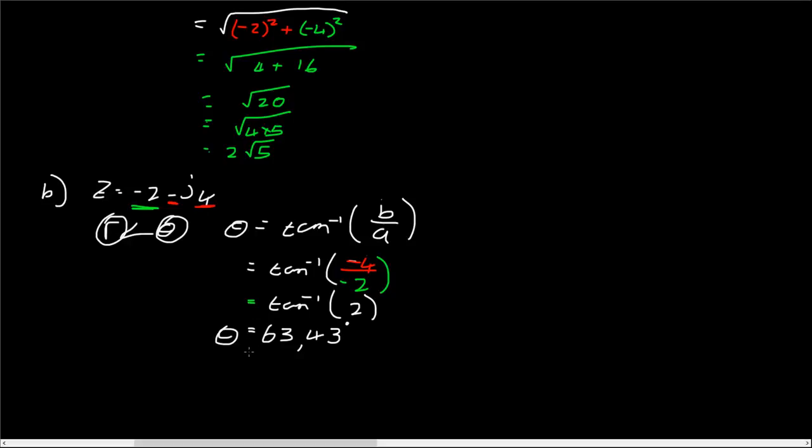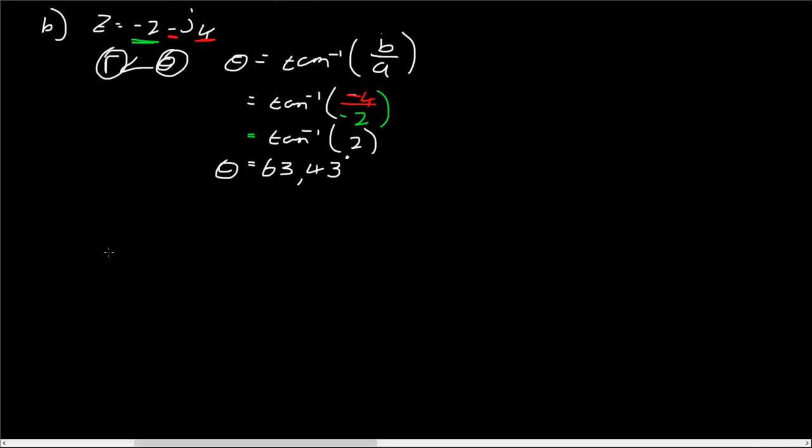Alright, so let's do part C. C says, write the given complex equation in polar form. Well, we know that z was equal to minus 2 minus j4, and that is rectangular form, because it's a plus jb.